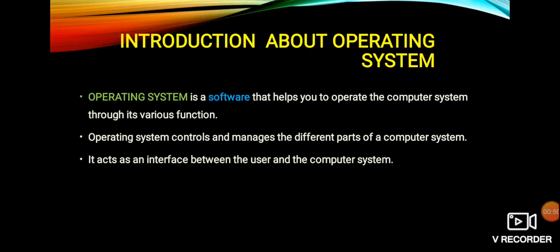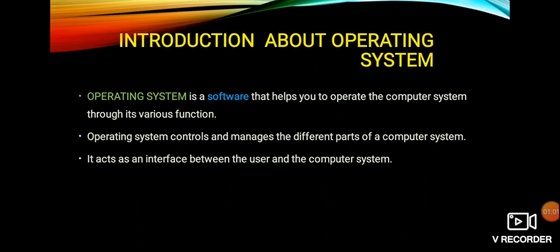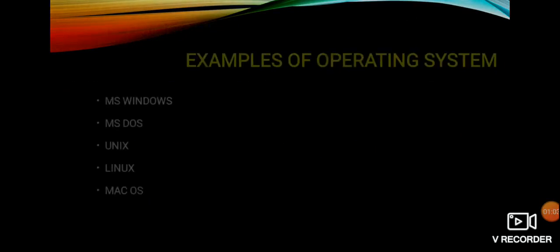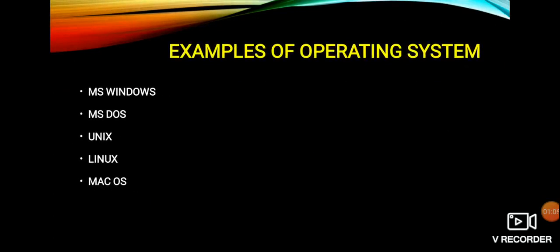Function: the operating system controls and manages the different parts of a computer system to act as the interface between the user and the computer system. What are the examples of OS? MS Windows, MS DOS, Unix, Linux and Mac OS.